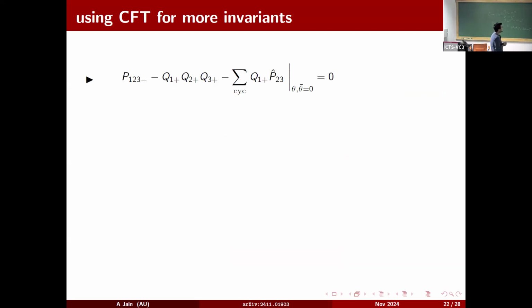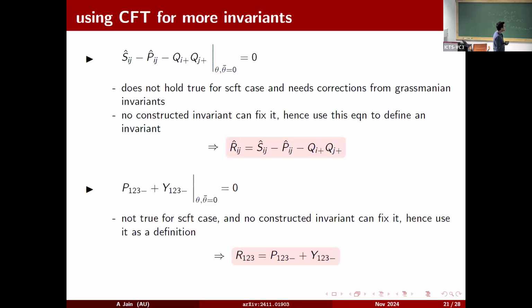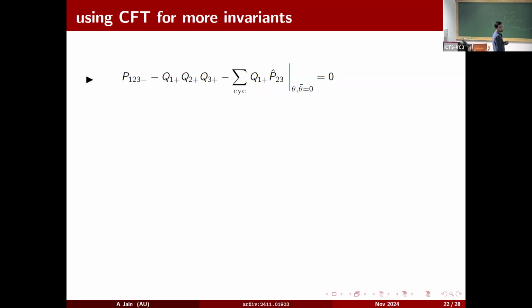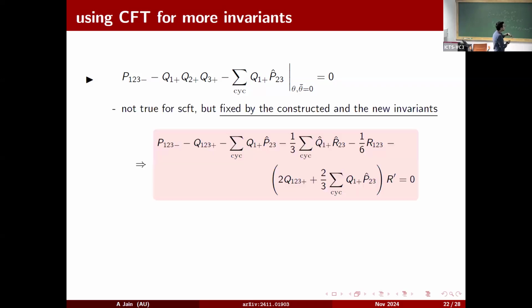Lastly, this is the equation which actually removed P123 minus. So we saw that S hats were removed in the conformal case and P123 minuses were removed in the conformal case. This is the equation that removed it. And so let's look at the superconformal or supersymmetric counterpart. Turns out it's actually completely fixed by the new invariants, which are the R hats and the R13.